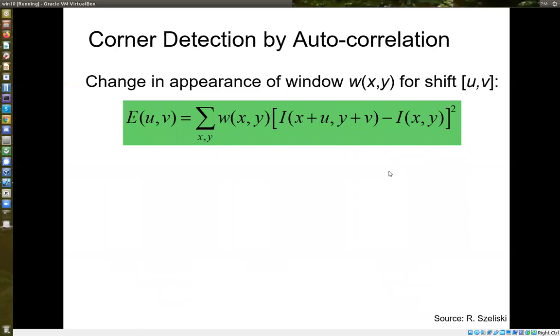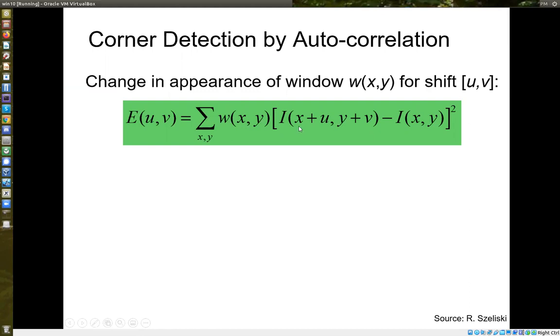So then I have this cornerness function. Here, I is just the image, and I of X, Y is just a pixel value, the intensity at X and Y. W here is a window.